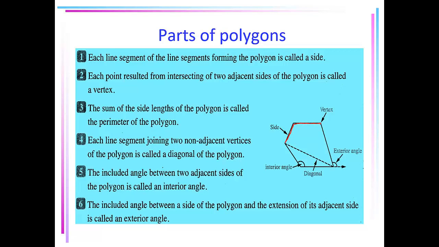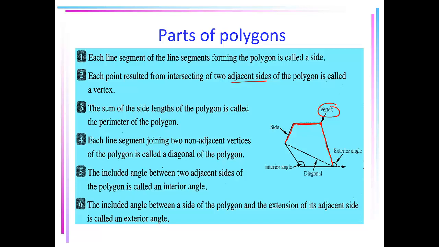Each point resulting from the intersection of 2 adjacent sides, and by adjacent sides we mean that they are beside each other. So when I have, for example, here a side and here its adjacent side, this point is called a vertex. The vertex results from the intersection of 2 adjacent sides.